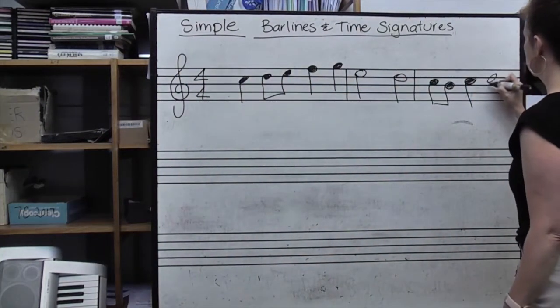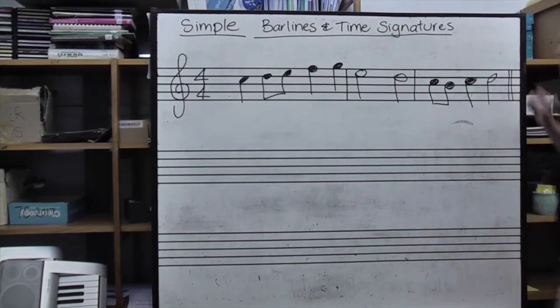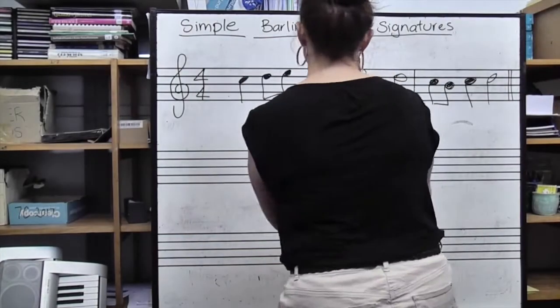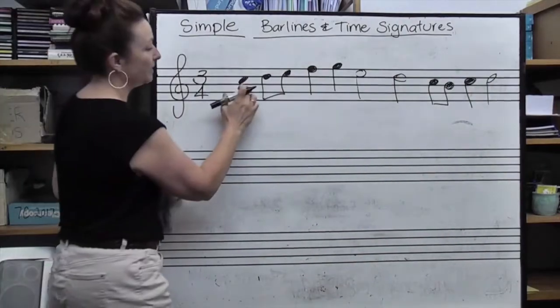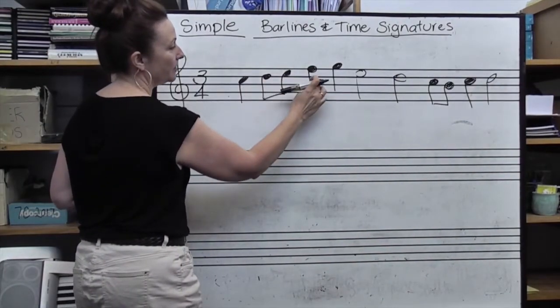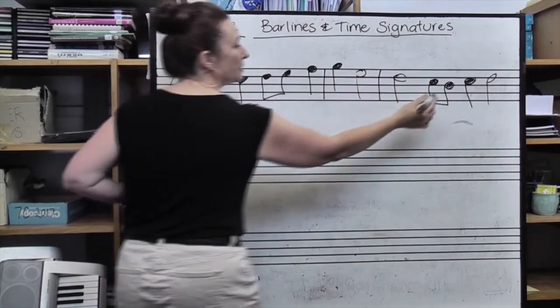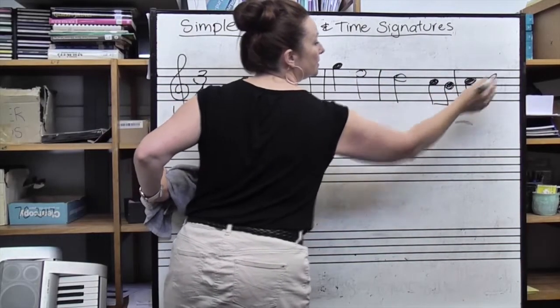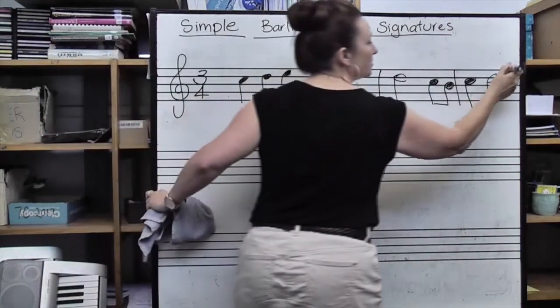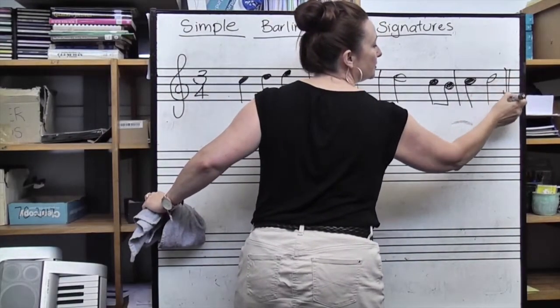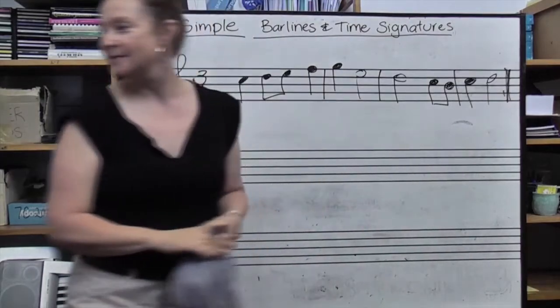There'd be something else in there to make that work. 1, 2, 3. 1, 2, 3. And of course the double bar line at the end, which you will do more accurately than I just did.